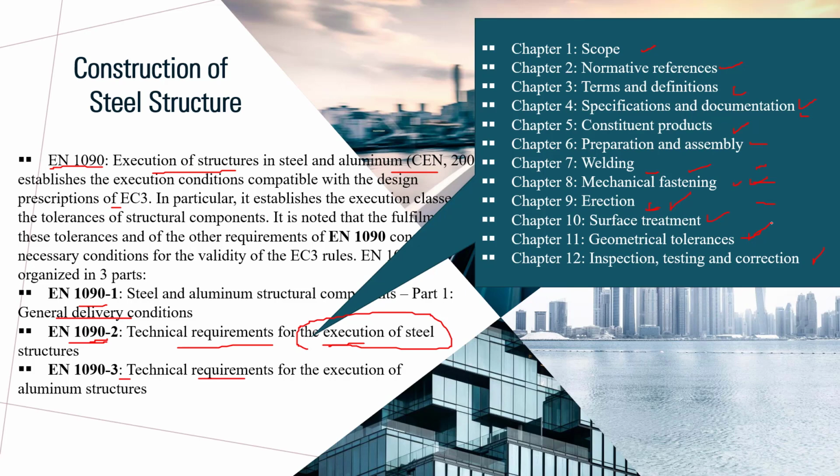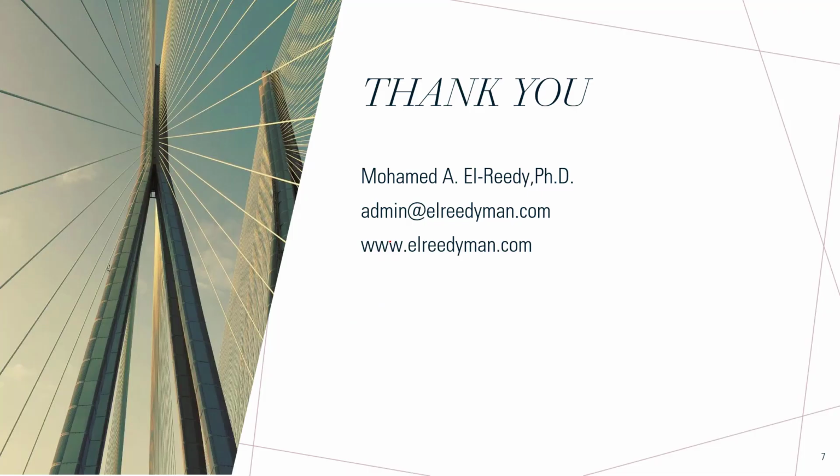So when you design by European code, you need to follow the tolerance available in the European code. And we also cover in our course the inspection, testing, and correction, and so on, if you need to make some repair during the construction. So the construction phase will be covered by EN 1090. It will cover all about the construction.